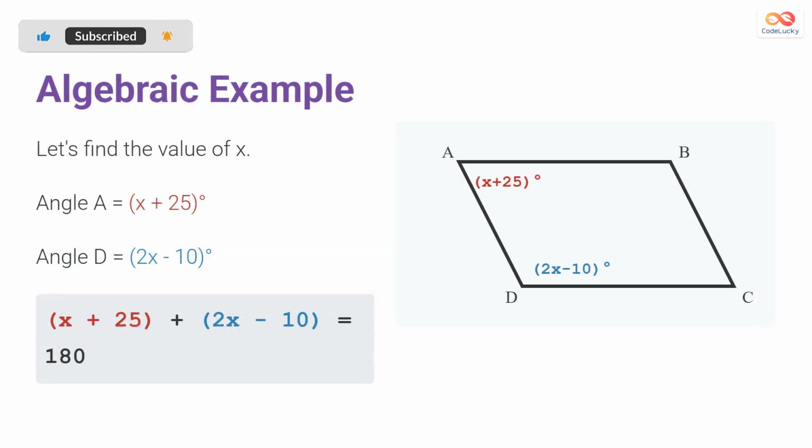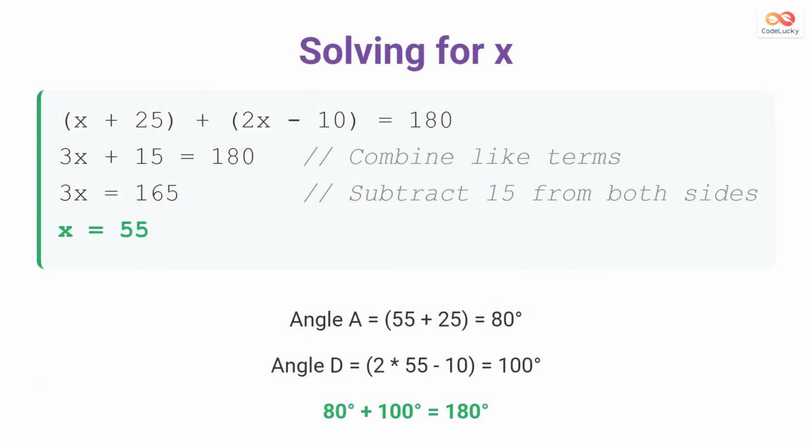We can also use this property to solve problems involving algebra. Suppose angle A is represented by the expression x + 25, and angle D is represented by 2x - 10. We know that together, they must sum to 180. To solve for x, we set up the equation. x + 25 + 2x - 10 = 180.